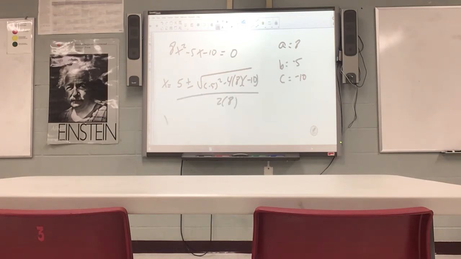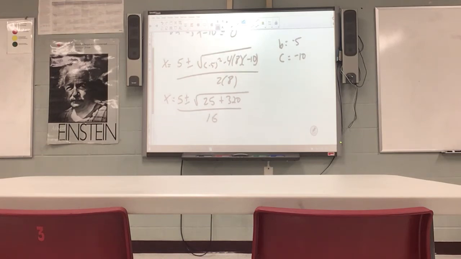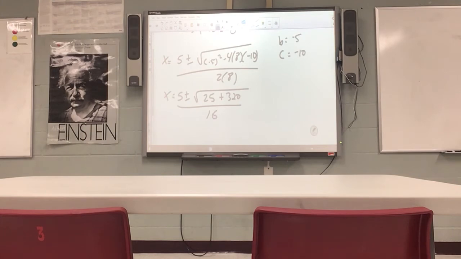Okay, so that got me 5 plus or minus the square root of 25, minus 4 times 8 is -32, -32 times -10 is a positive 320, all over 16. So 25 plus 320 is 345.